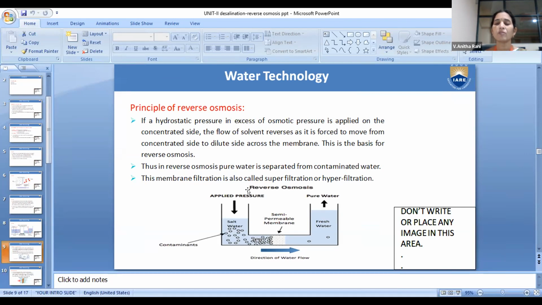Here, we apply extra pressure on the concentrated side solution so that water flows through the semi-permeable membrane from higher concentration to lower concentrated solution. This membrane filtration is also called superfiltration or hyperfiltration.